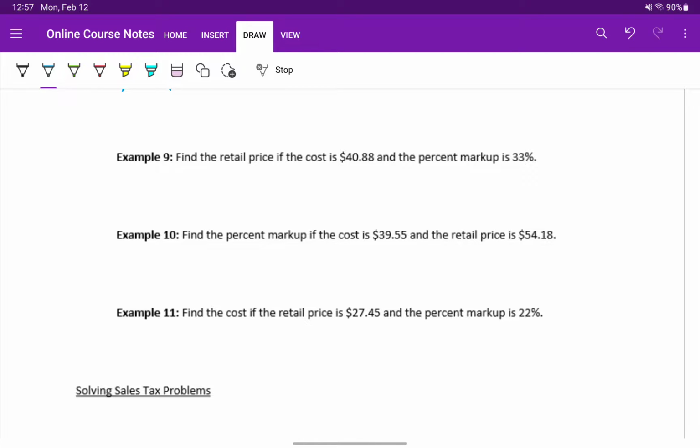In example 9, we want to find the retail price if the cost is $40.88 and the percent markup is 33%.